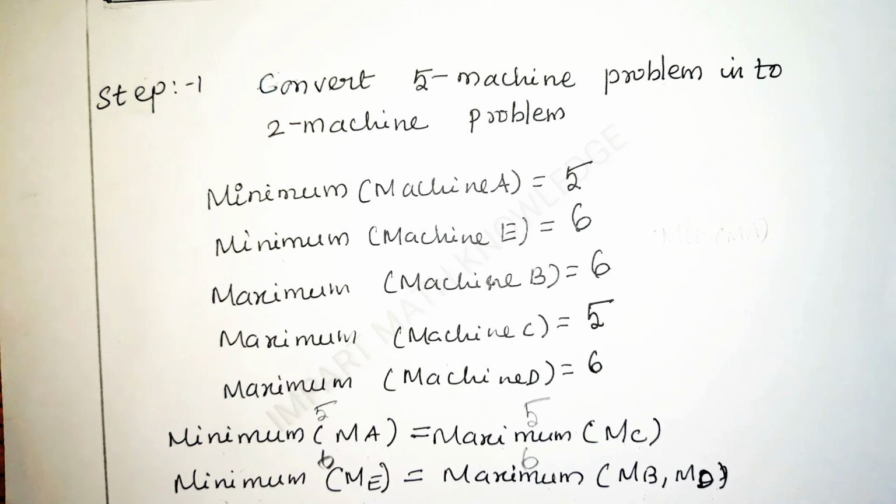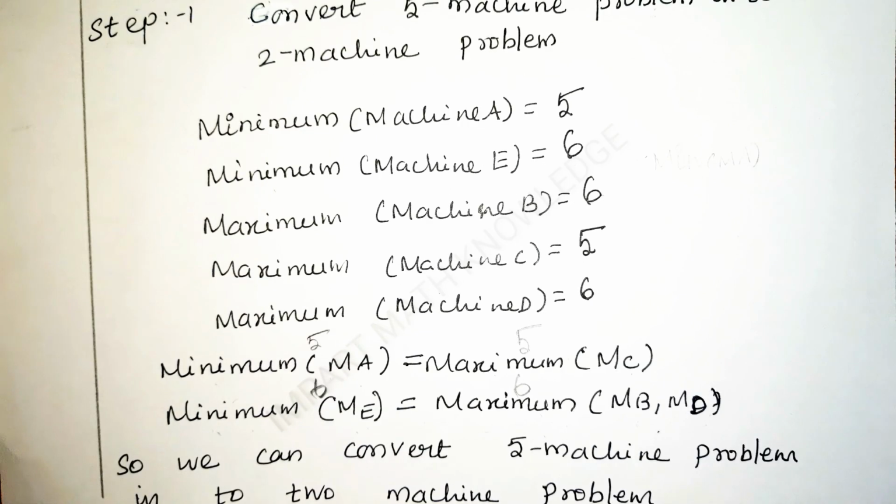The condition is: minimum of first machine greater than or equal to maximum of second, third and fourth machine, or minimum of last machine greater than or equal to maximum of second, third and fourth machine. Here both the conditions are satisfied, so we can convert the 5 machine problem into a 2 machine problem.